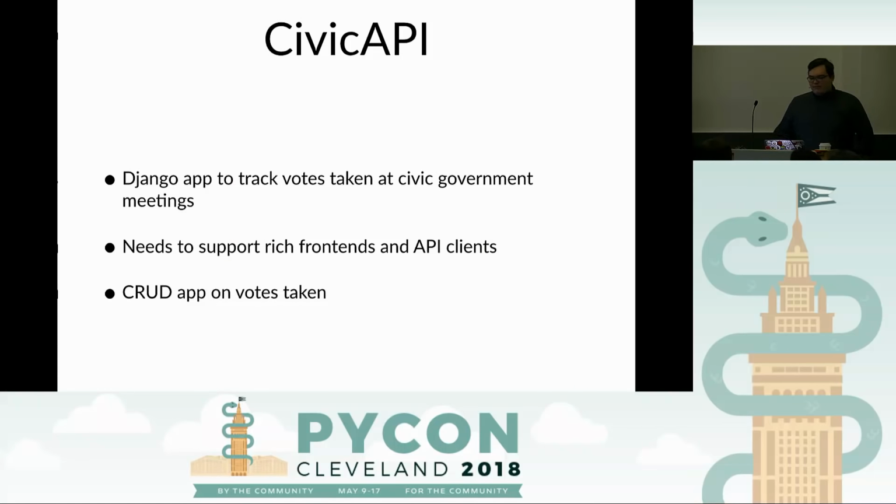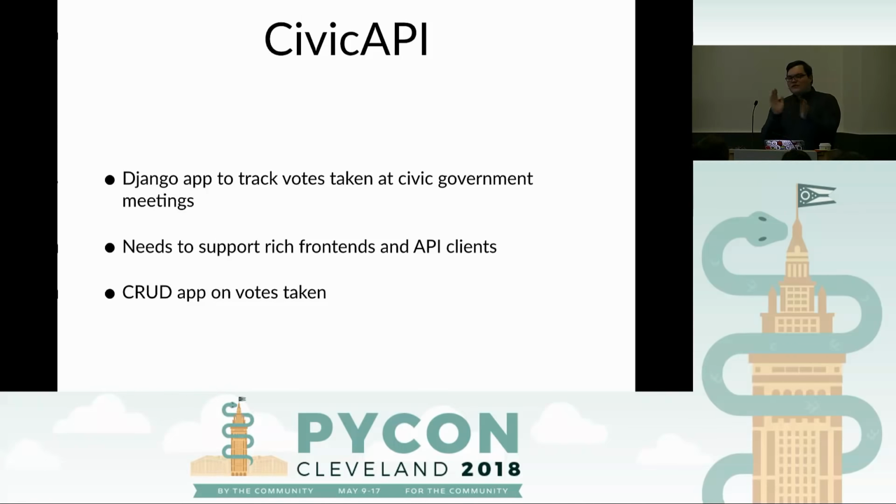So talking a bit about the app that we're actually going to build, we're going to call it Civic API. It's a Django app to track votes taken at civic government meetings. It's going to be pretty straightforward. The requirements from the client are that it can track the subject of the vote, when the vote was taken, and what the vote count was, how many ayes or nays there were for the vote.